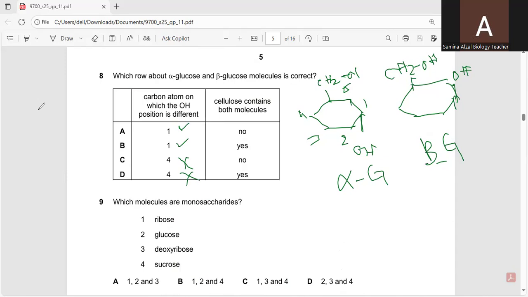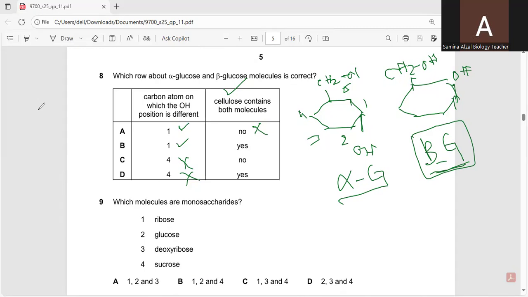And you know, cellulose is made up of beta glucose only, not alpha glucose. Beta glucose is there in the formation of cellulose, which is a polysaccharide. So I would like to say A is not a correct option.